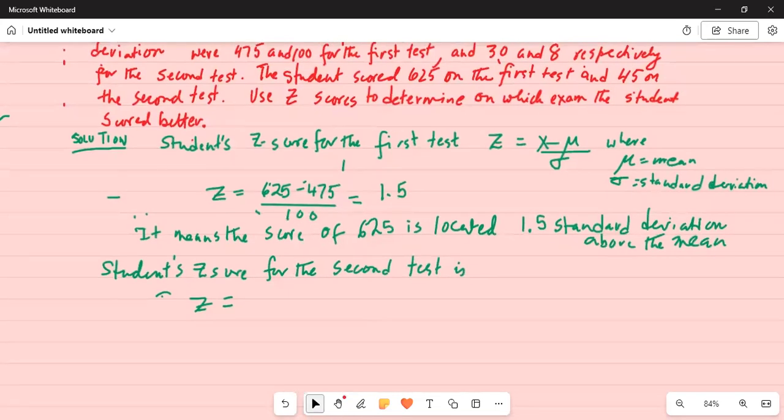And it was 30 and 8. So 45 was the student's score. The mean was 30 and the standard deviation is 8. So that will be equal to 15 divided by 8, which is 1.875.